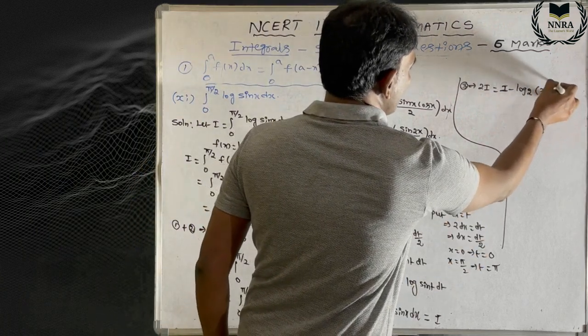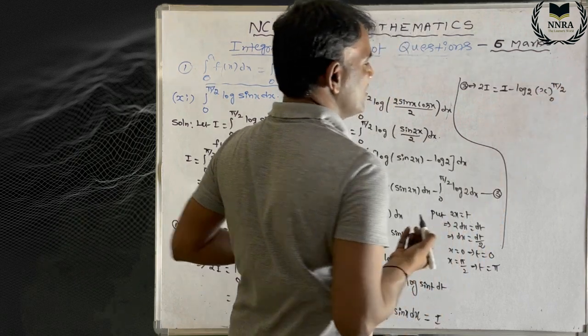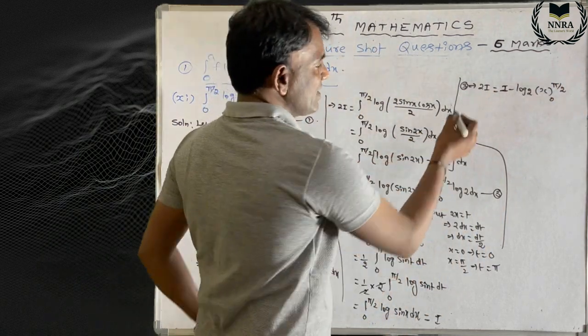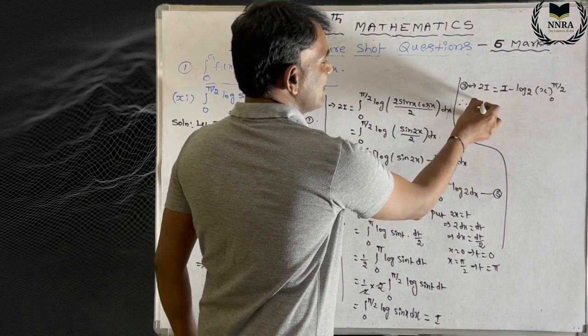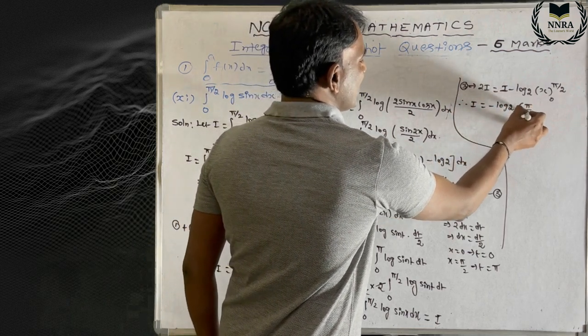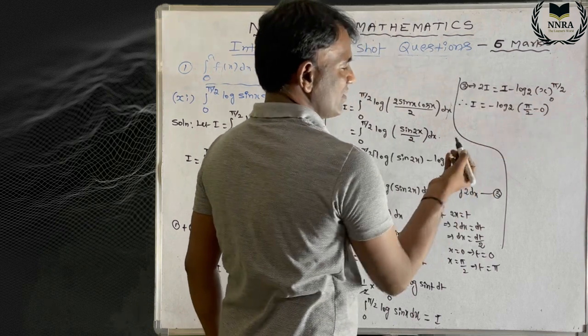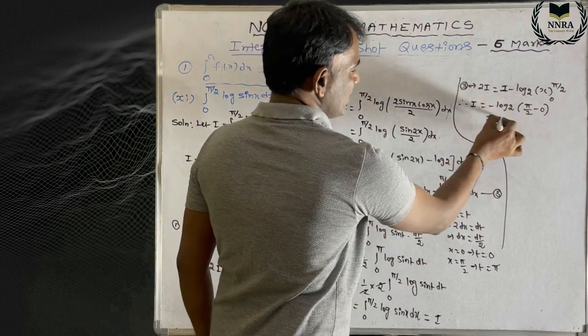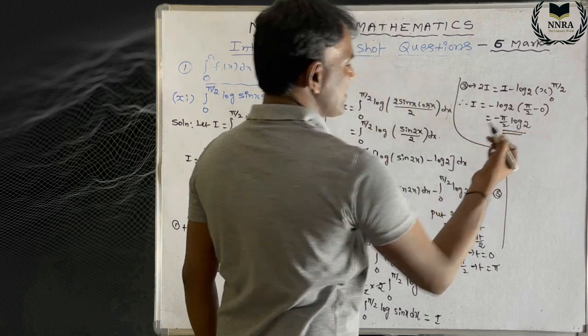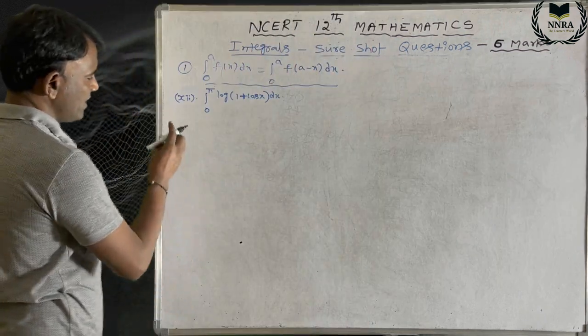Now limits 0 to pi by 2. Suppose if you write I this side, we get 2I minus I. What is the value of 2I minus I? So minus log 2, then upper limit is pi by 2, lower limit is 0. So it is pi by 2. Then we get minus pi by 2 log 2. That is the answer. This is the 12th question.